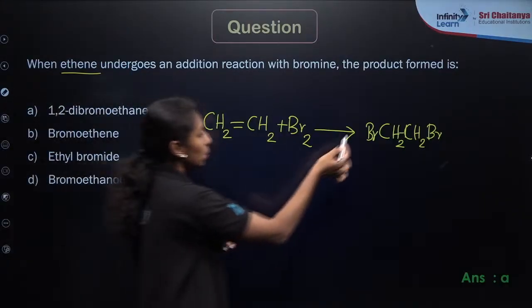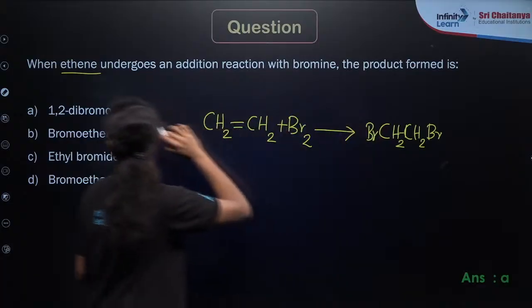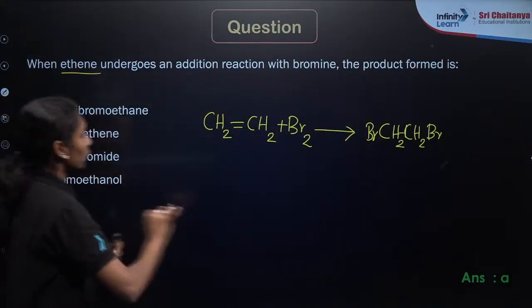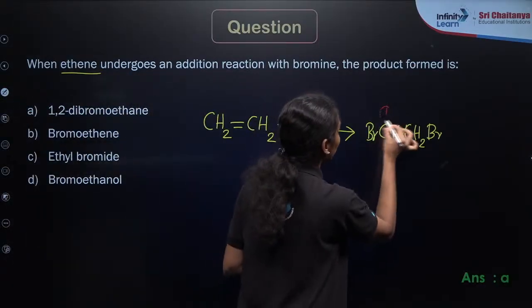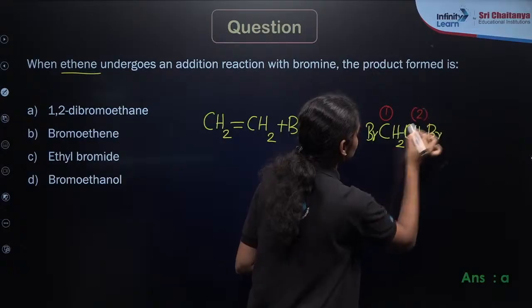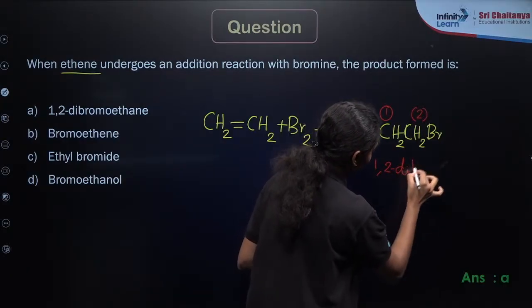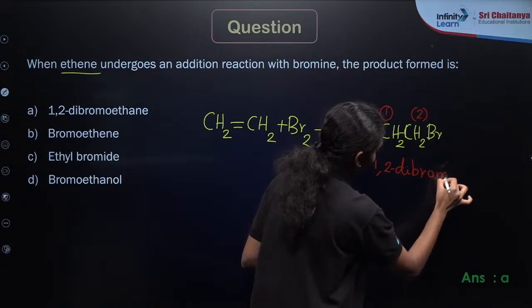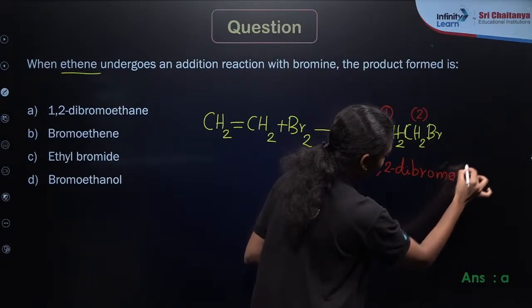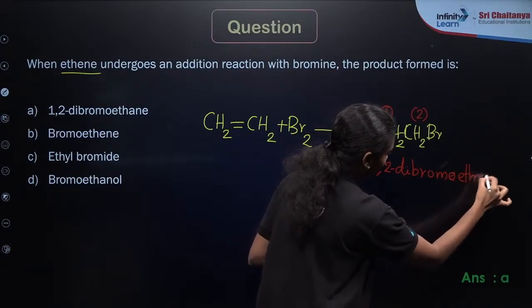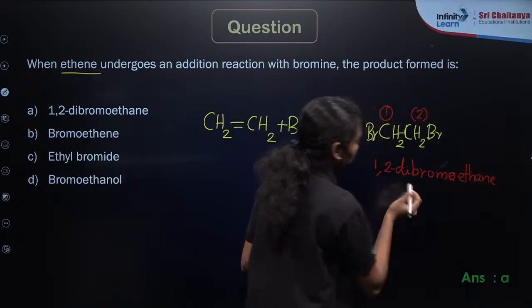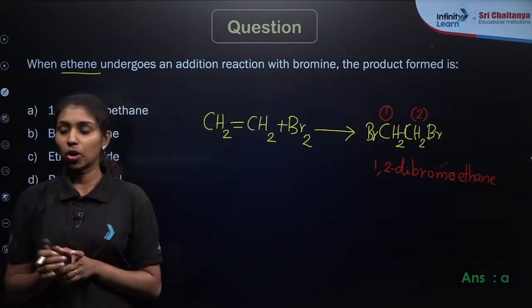This is a 2-carbon compound. If you give the numbering 1, 2, it means at the first and second carbon there are two bromo groups present. So, dibromoethane molecule, right? Is that clear? How to name the compound?